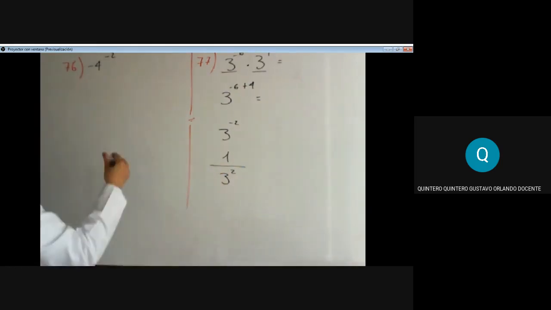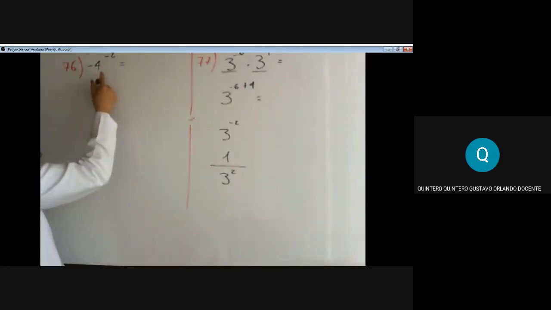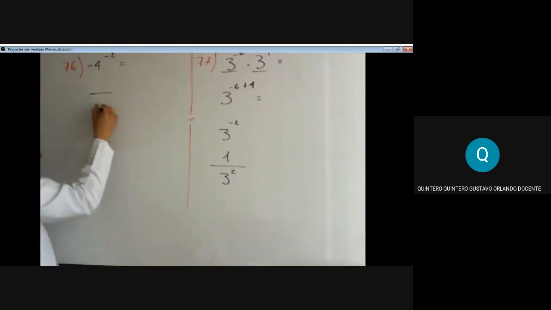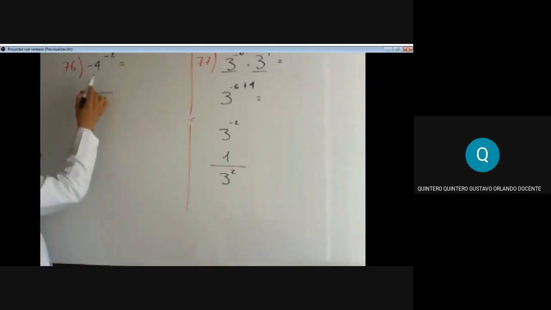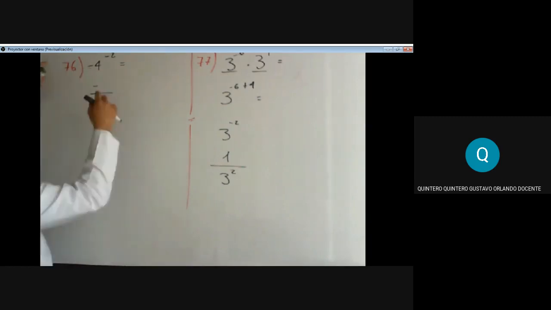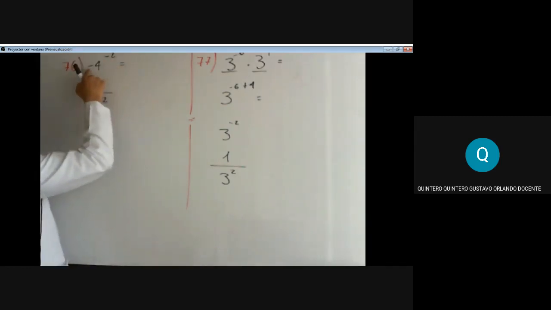That is exactly what you want to do here. Since you're going to move this, the 4 is the only thing that goes down: 4 to the 2.